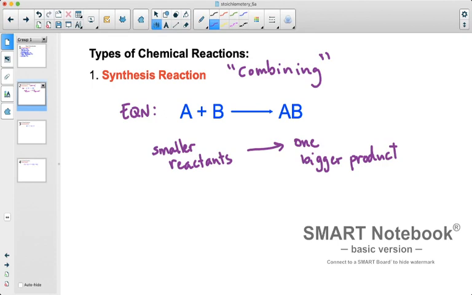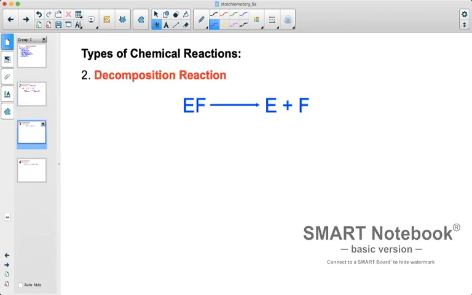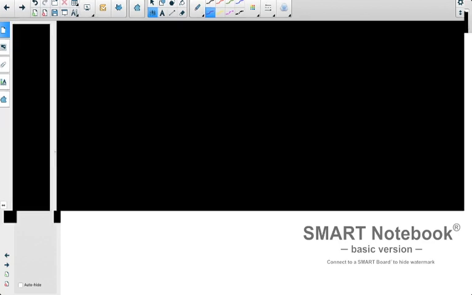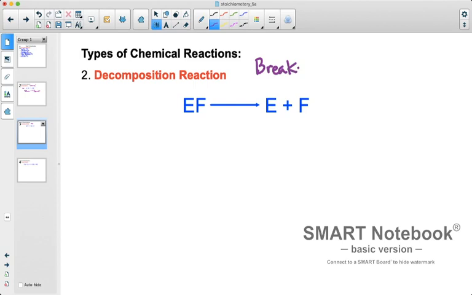Now, the opposite of a synthesis reaction is a decomposition reaction. And when we decompose something, really breaking it apart or breaking it down. So that's the key term that we tend to use when talking about a decomposition reaction.